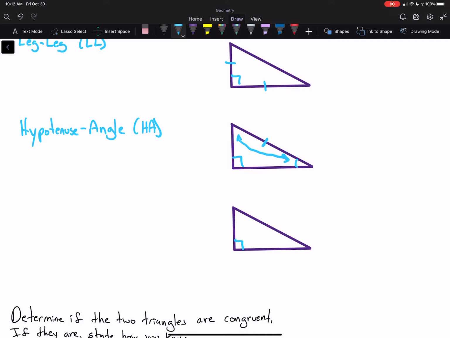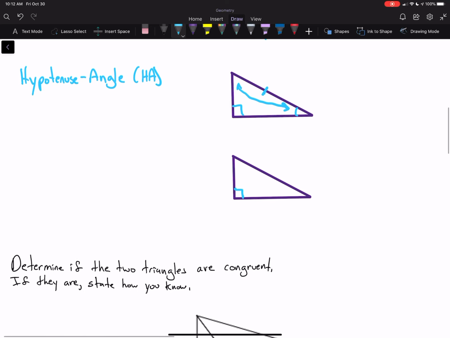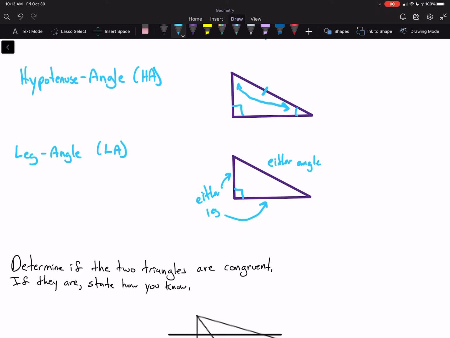And then leg angle is the last one, which is LA. And so leg angle could be either leg, that one or that one, and either angle. This one's got lots of flexibility, so that angle or that angle, either one.